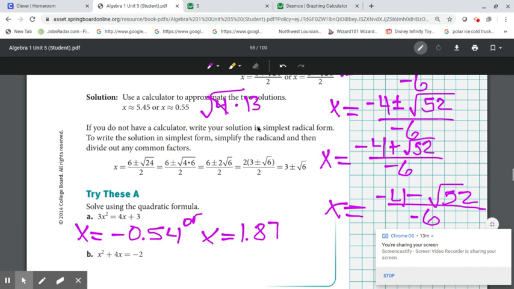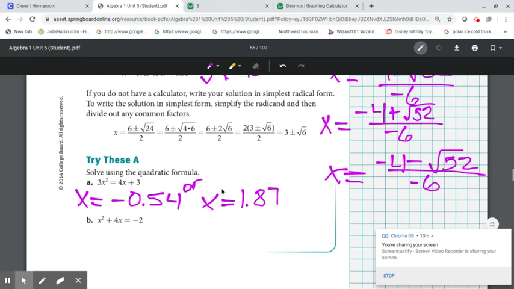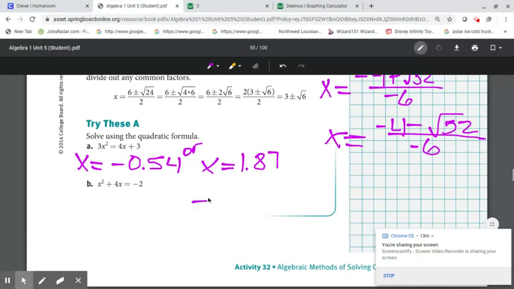So this is going to become 2 radical 13. So we can write this as -4 plus or minus 2 radical 13 divided by -6.